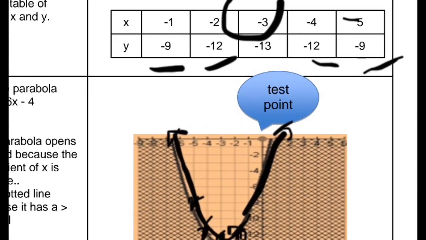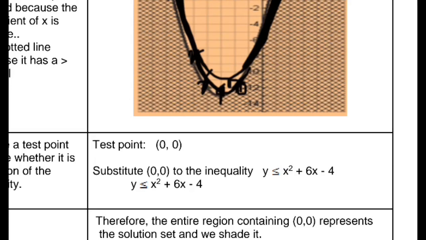So the graph here is a solid line because the inequality used is less than or equal to, meaning these points are part of the solution. Then for this next part, you're going to have your test point, which is the origin here. So using this one, if x is 0, y is 0, so 0 is less than or equal to 0 squared plus 6 times 0 minus 4.